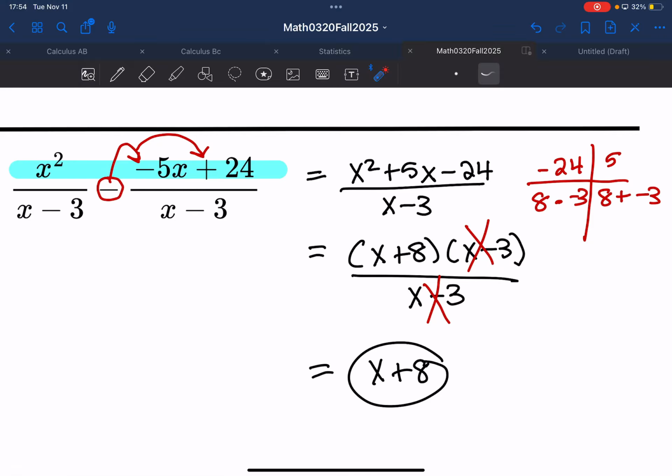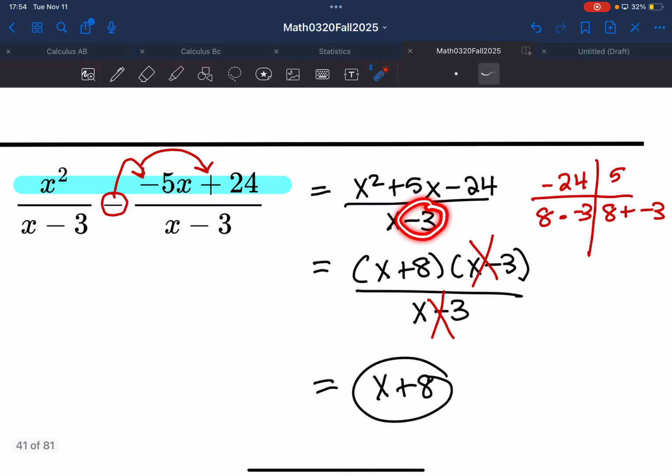Yes. And I also could think, okay, well, since the bottom one is x minus 3, I know I have the potential to cancel out the x minus 3. So if you're thinking of, okay, what could my other number be, you could use that number on the denominator, which is that negative 3, and think, okay, what number times negative 3 would give me negative 24 and still add to 5?